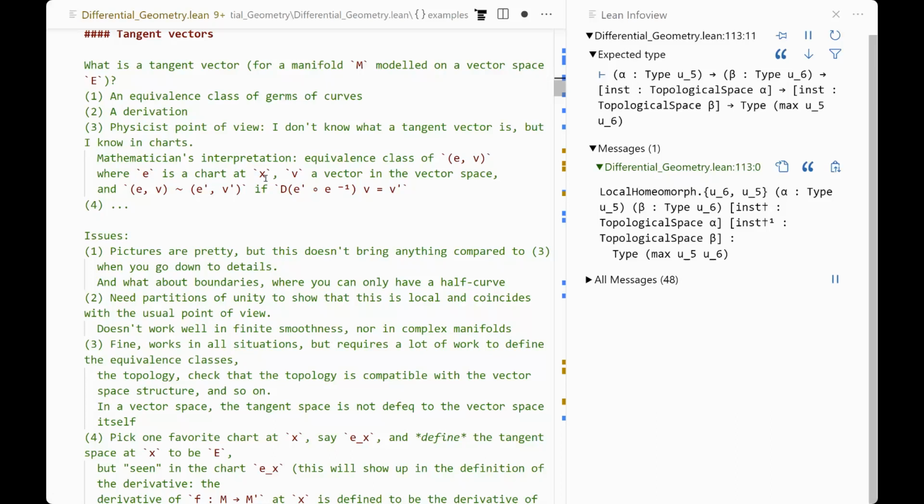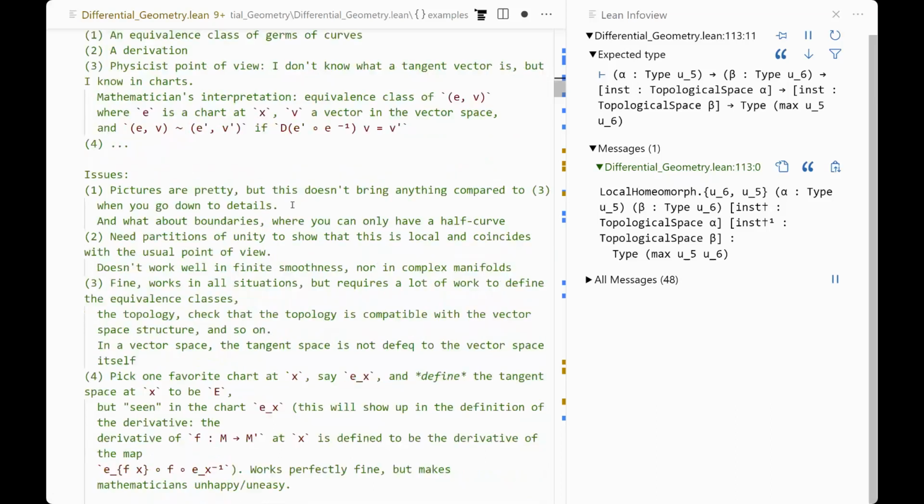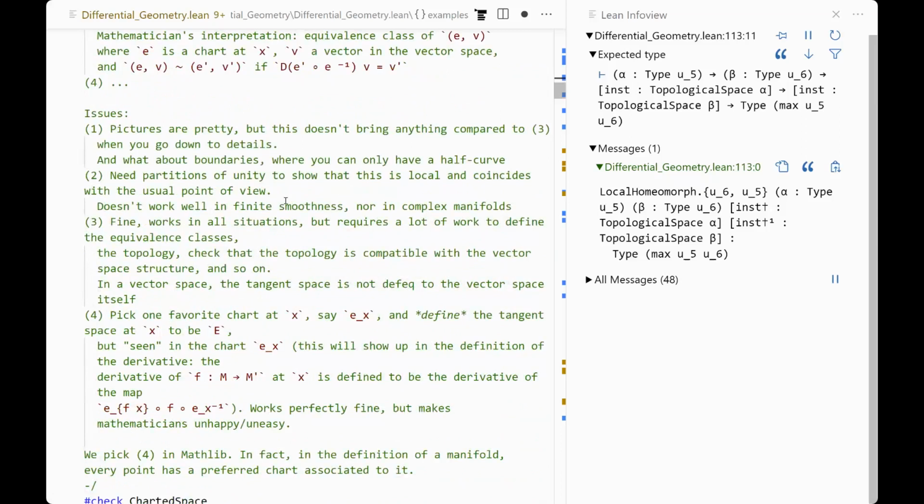And so in Mathlib, we take a bit of a shortcut. Around each point in a manifold, we have a favorite chart, a designated chart that is the canonical chart around that point. And we define the tangent space at this point to just be the space E viewed through the local homeomorphism given by the designated chart around that point.